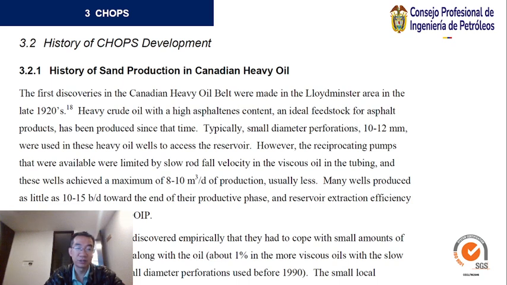Operators in the HOB soon discovered empirically that they had to cope with a small amount of sand entering the wellbores along with the oil, about 1% in the more viscous oil, with the slow production rates and the small diameter perforations used before 1990.